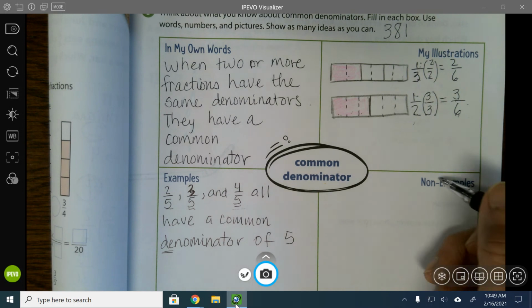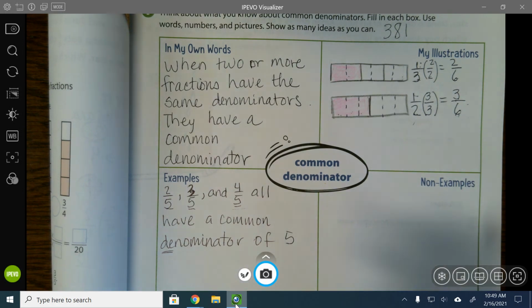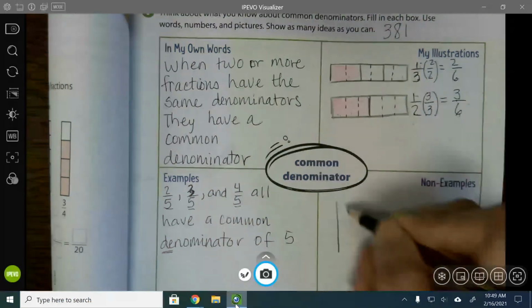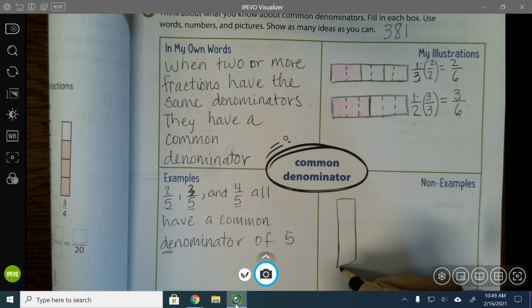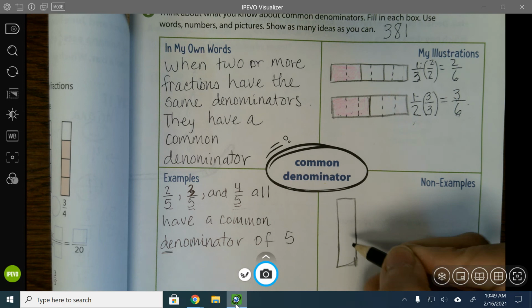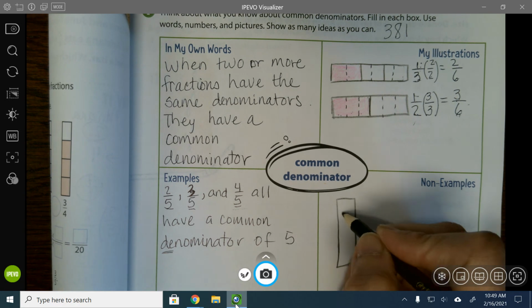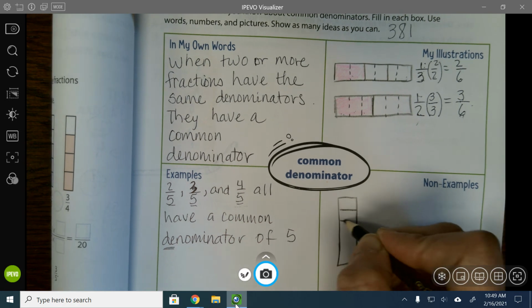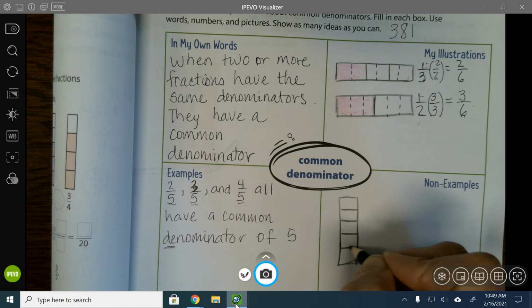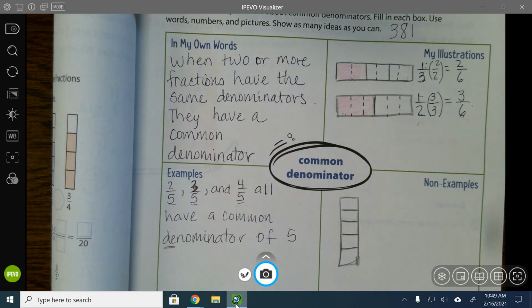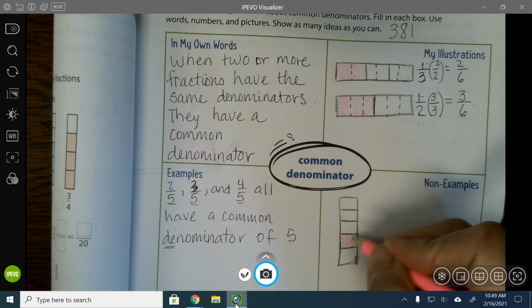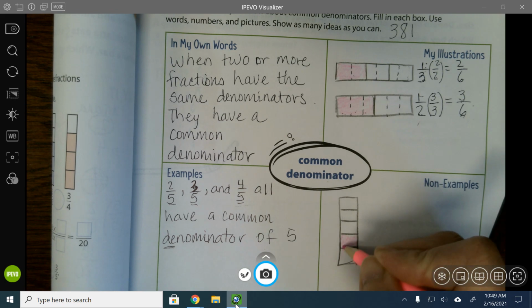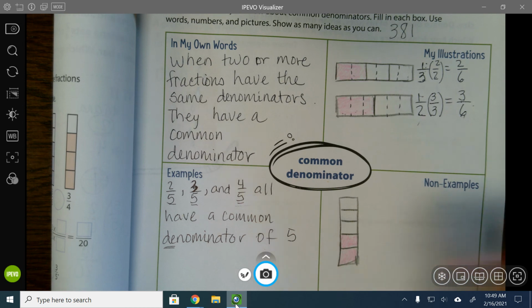Now, you say, what the heck is a non-example? A non-example is if you have 2 bars and you break this into 5 pieces, 1, 2, 3, 4, 5 pieces, and you shade in 2 parts. You say, okay, this is 2/5.